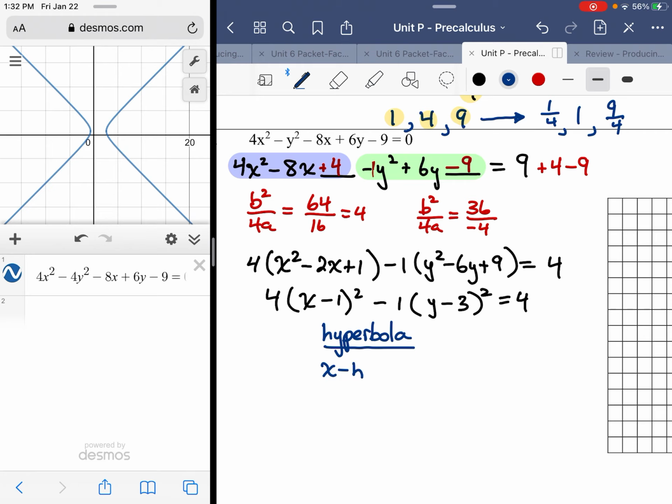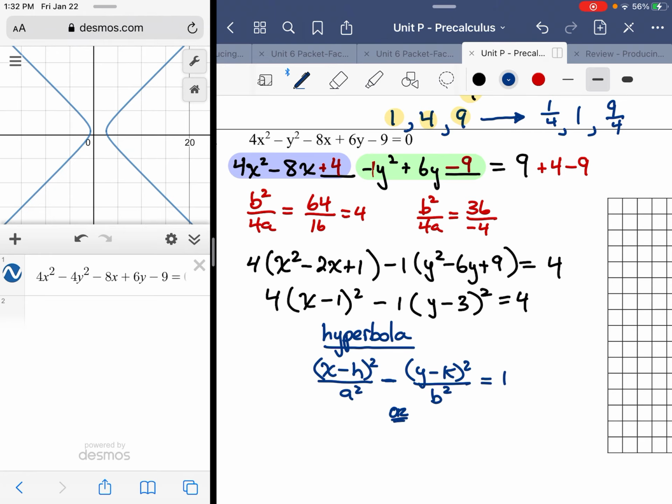There is a form that involves an a, but that's not the one I was going for. X minus h squared over a squared minus y minus k squared over b squared is equal to 1.